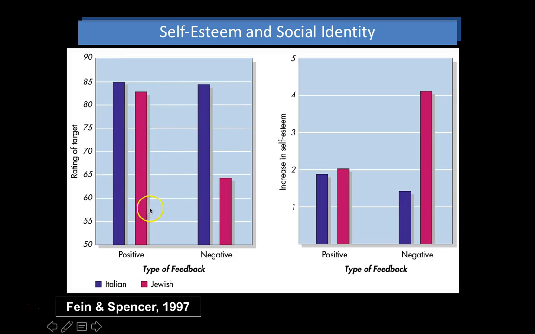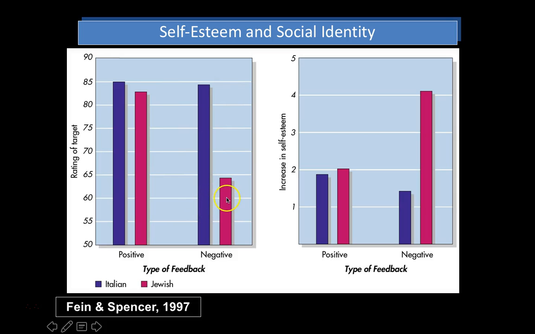But look what happens after they got negative feedback. The ratings of the in-group Italian woman applicant are much higher, about the same as in the positive condition, but the Jewish out-group target is derogated, with a significantly lower rating.